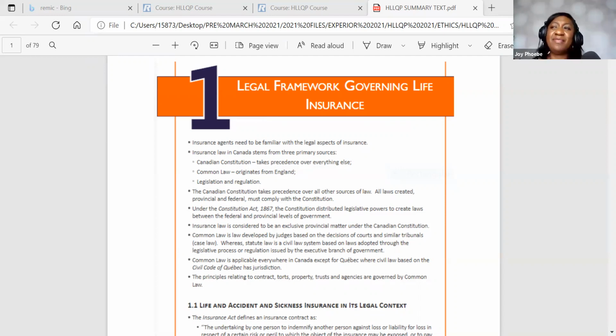So the man died before his wife, and then the wife married another man and changed the name of the beneficiary from the man's daughter to her new husband.